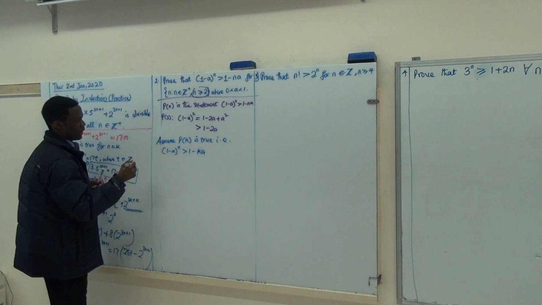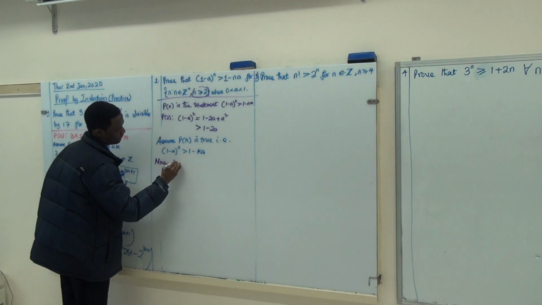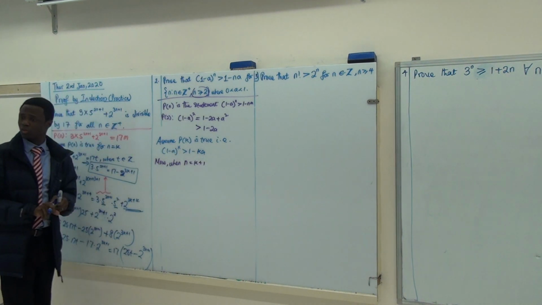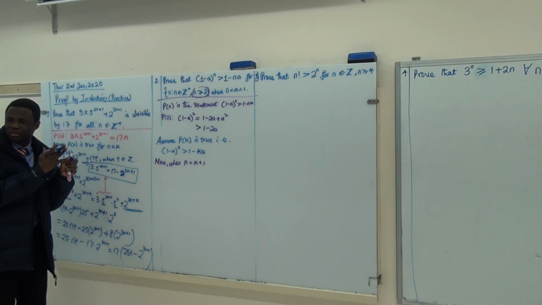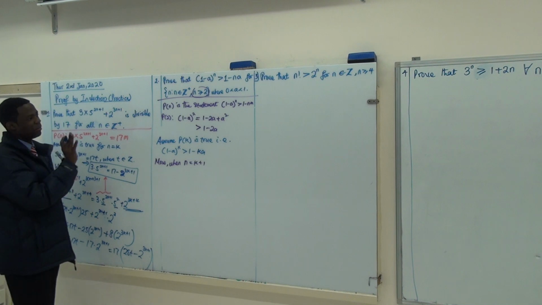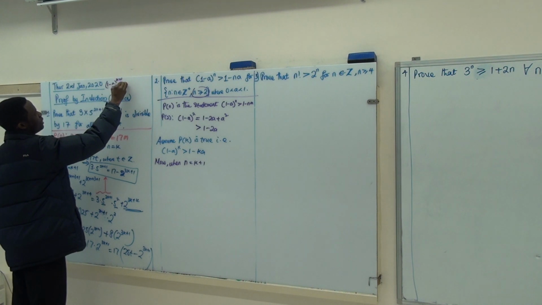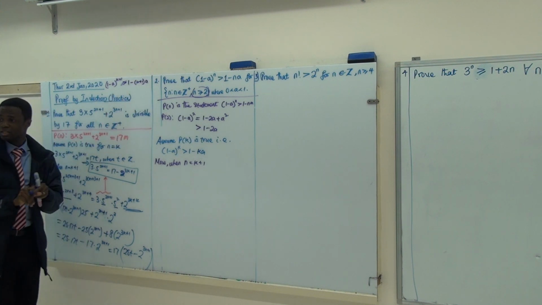Now we show when n equals k plus 1. That's what we want to show. So, I write somewhere my objective. My objective is this. I want to show that (1 minus a) to power k plus 1 must be greater than 1 minus (k plus 1)a, isn't it?